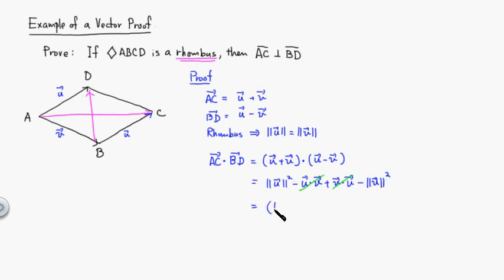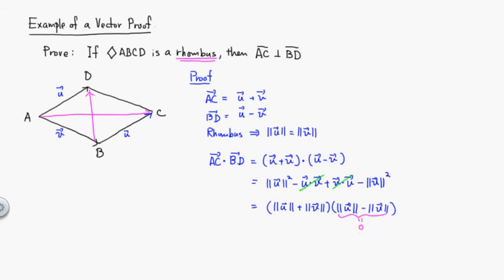If you factor it out, you can write it as the norm of U plus the norm of V, quantity, times the norm of U minus the norm of V. Then we notice that since the norm of U is equal to the norm of V, this factor is equal to 0.